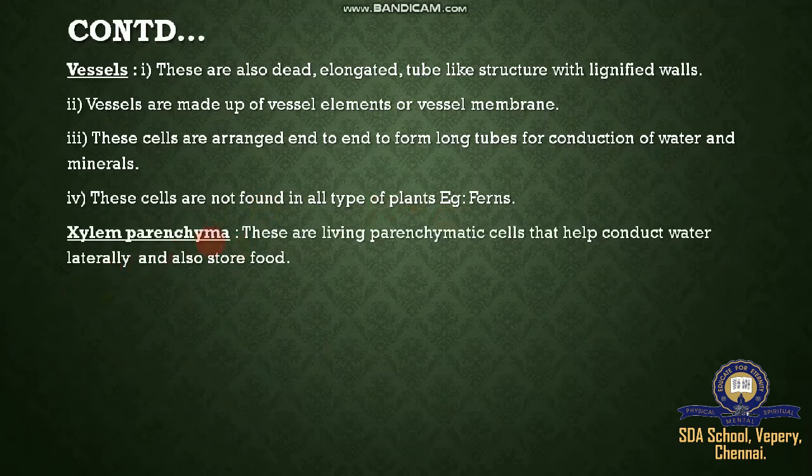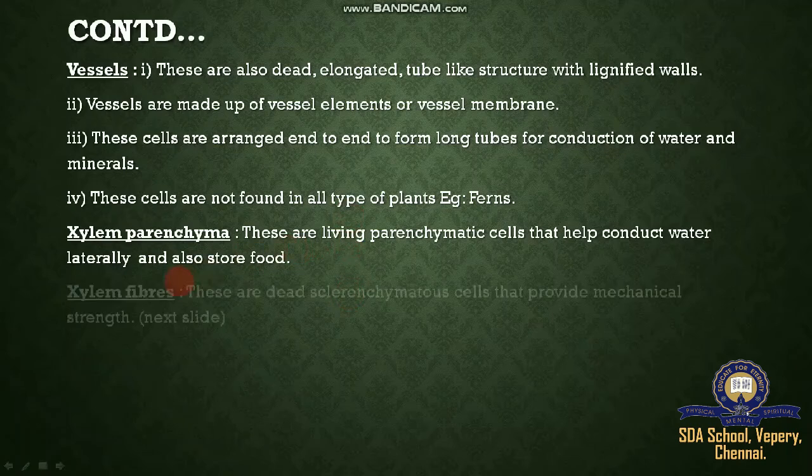The xylem parenchyma: these are living parenchymatic cells that help conduct water laterally and also store food. In the entire xylem tissue, the xylem parenchyma is the only living cell; all others are dead cells. This living parenchyma assists the other cells responsible for transporting water.